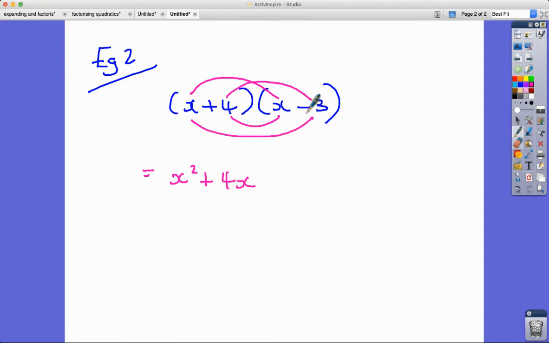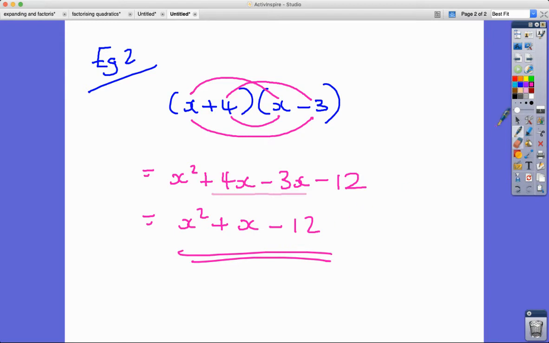The mouth, minus 3 multiplied by x is minus 3x. And the right eyebrow, 4 multiplied by negative 3 is negative 12. And so what we get then is x squared. Now we've got to look at them in the middle because we've got two x terms to combine together. So we're going to get 4x subtract 3x, which is 1x or just x, and then minus 12.